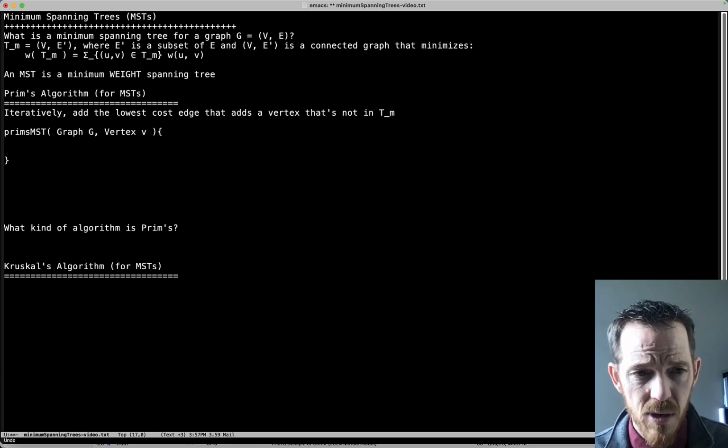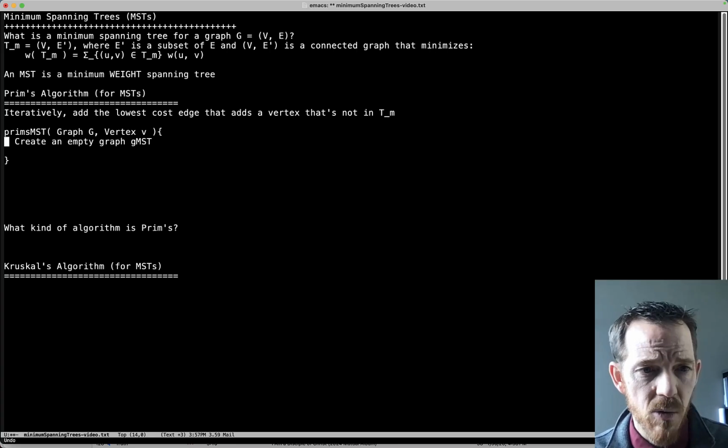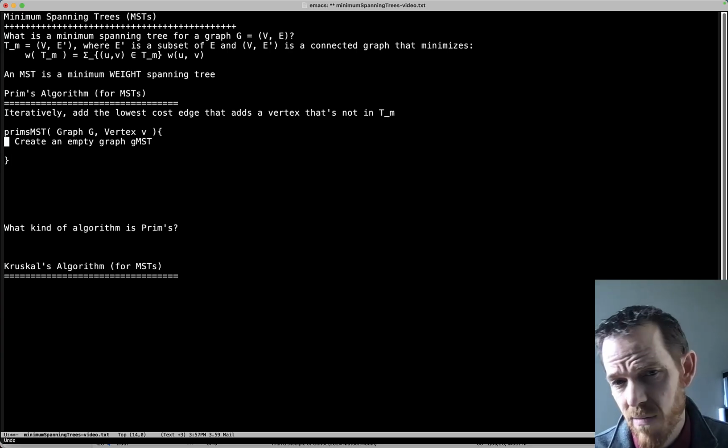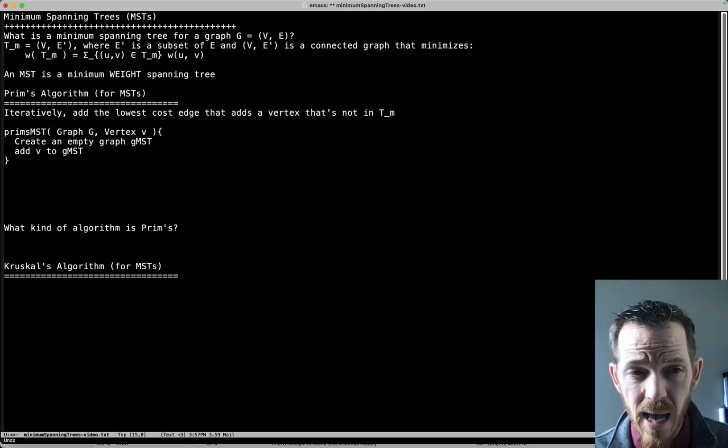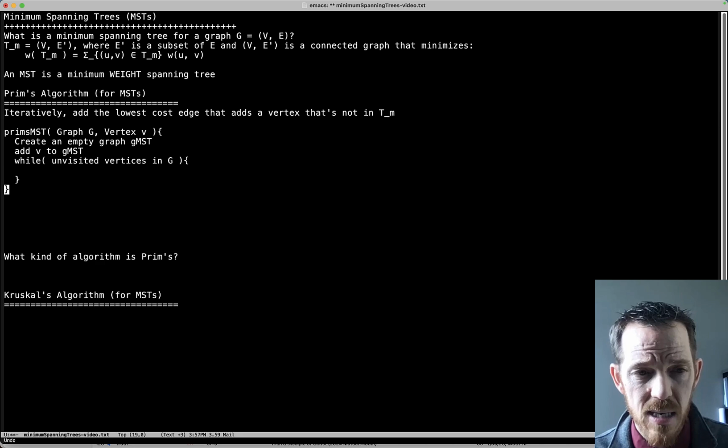If we had a Prim's minimum spanning tree, we're giving it a graph and a vertex. The first thing we're going to do is create an empty graph, and we'll call that GMST. We're going to add in V as our starting vertex to GMST.